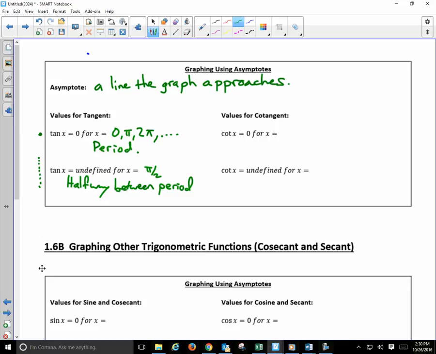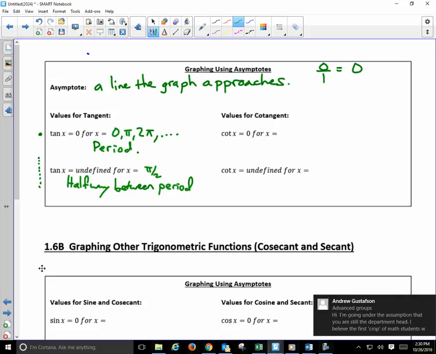Now here's a cool thing. Tangent and cotangent are reciprocals. So this is the big piece you got to get in your mind today, and then we'll be good to go. 0 divided by 1 is what? 0. The reciprocal of that is 1 divided by 0.